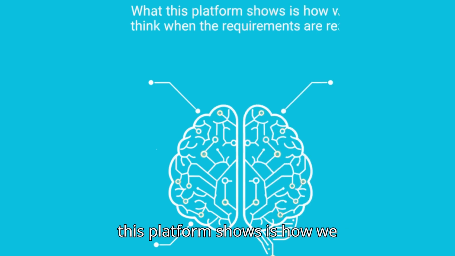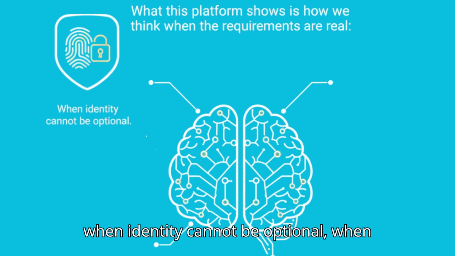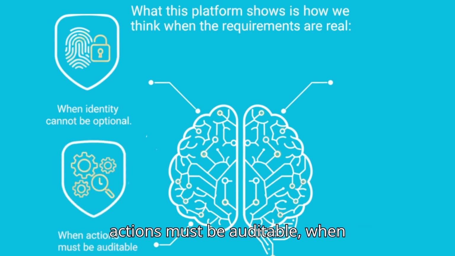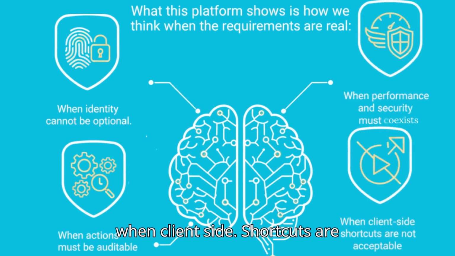What this platform shows is how we think when the requirements are real. When identity cannot be optional, when actions must be auditable, when performance and security must coexist, when client-side shortcuts are not acceptable.